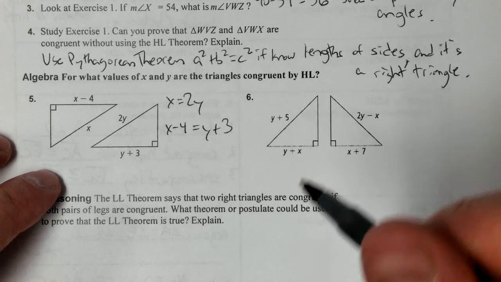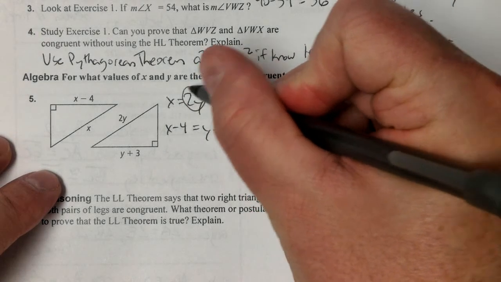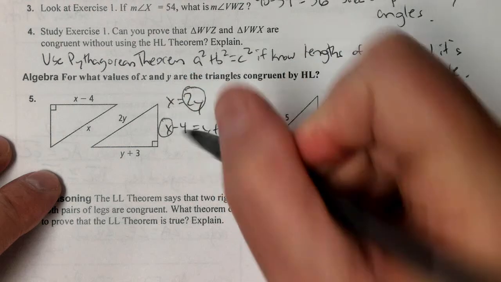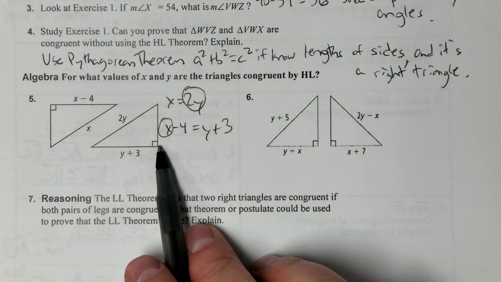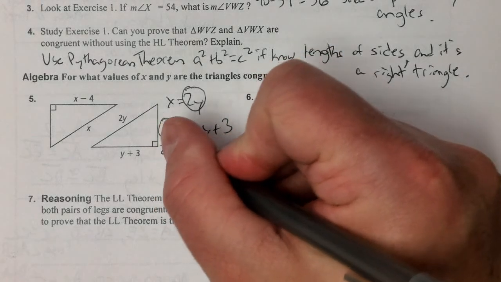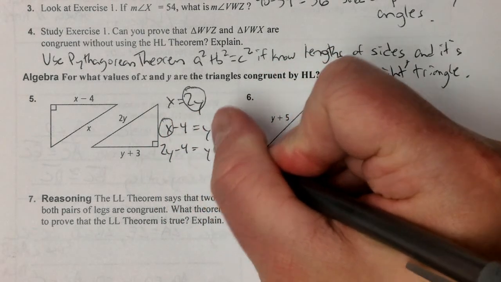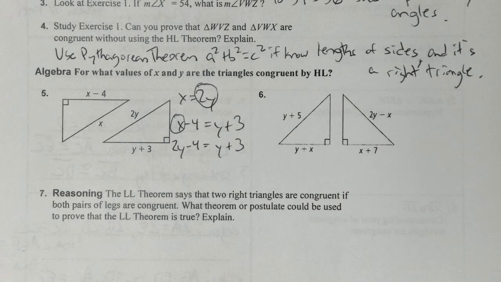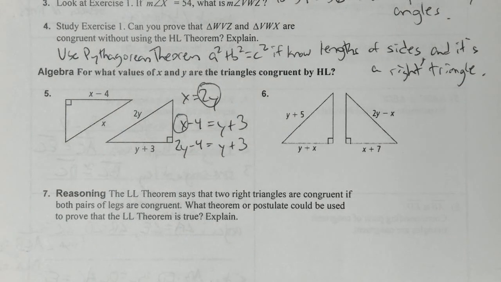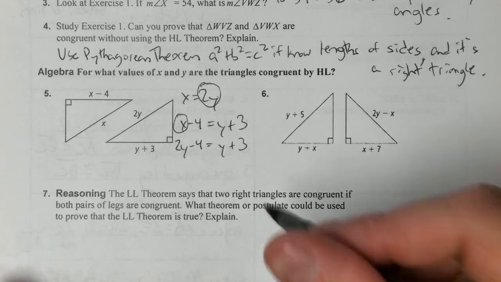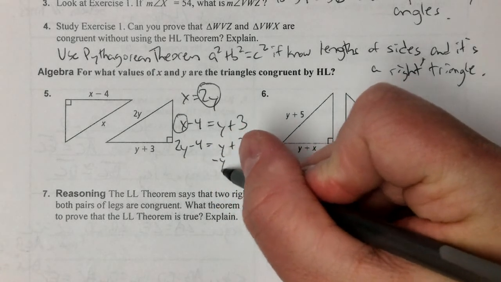In this case, I'd say plug in 2y for where x was. Get it to use the same variable. So I'm going to say 2y minus 4 equals y plus 3. So it's using one variable, it's in terms of one variable. So then you can actually solve it.